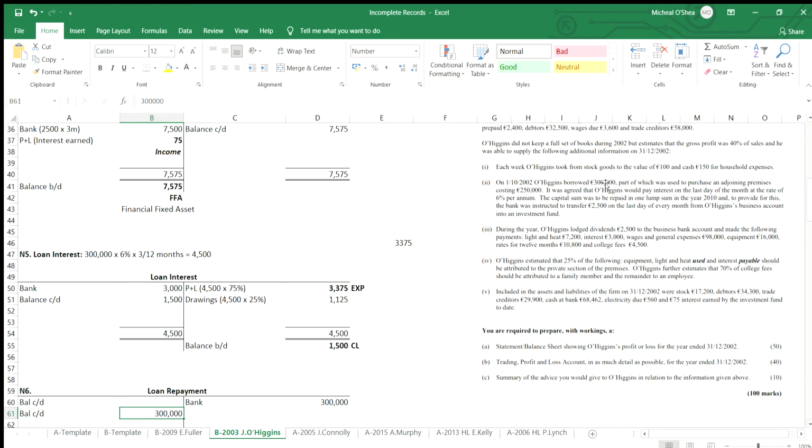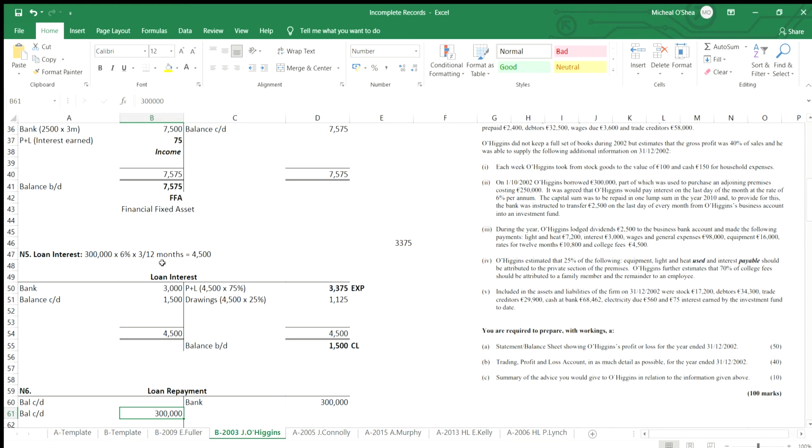So the loan is 300,000, the interest is 6%, but I only had it for 3 months of the year. So I'm not taking a full 6% interest. I'm going to get 3 out of 12 months. It's 300,000 by 6% by 3 divided by 12 gives me 4,500, and that is my loan interest for the year. That's how much loan interest I owed for the year.